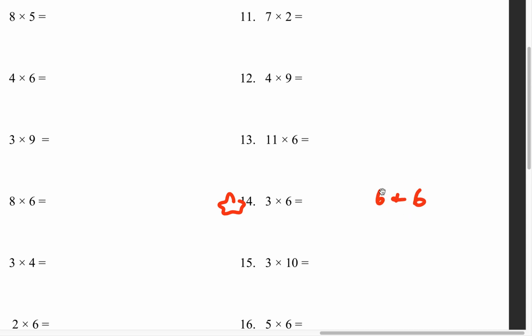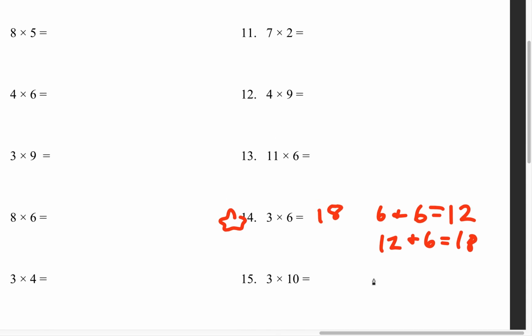Since there's 2 6s, you add them together, and that's 12. And then 12 plus another 6, because we're adding 6 3 times, and this is our third 6. 12 plus 6 is 18. And that's it. Very simple.